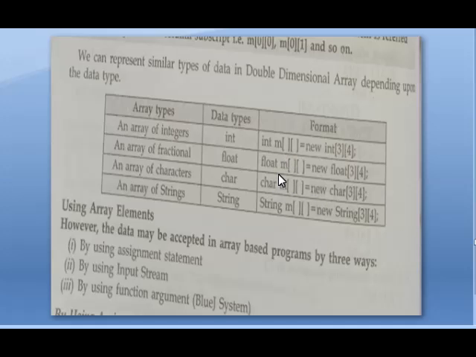Here we have to use int m of, consisting of a row element as well as how many rows and how many columns. Here it is 3 by 4, that is 3 rows and 4 columns. However, the data may be accepted in the array based on the program by 3 types: by using an assignment statement, by using an input stream, and by using function arguments.